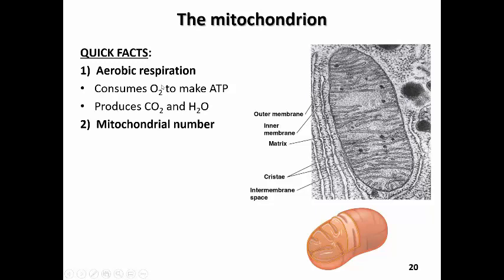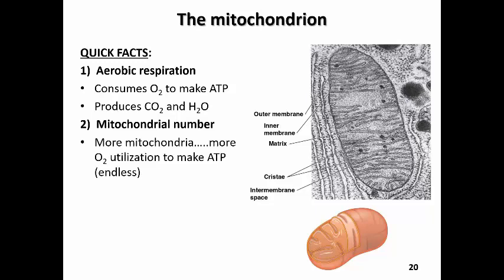The second quick fact about the mitochondrion relates to the number. How many mitochondria exist inside a cell? The more mitochondria that exist inside a cell, the greater capability that cell has to making ATP aerobically. And we can almost think about the cell having an endless potential to make ATP if it has mitochondria.